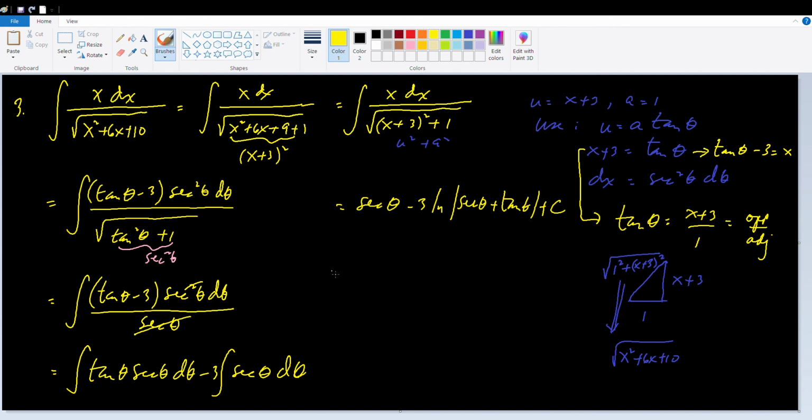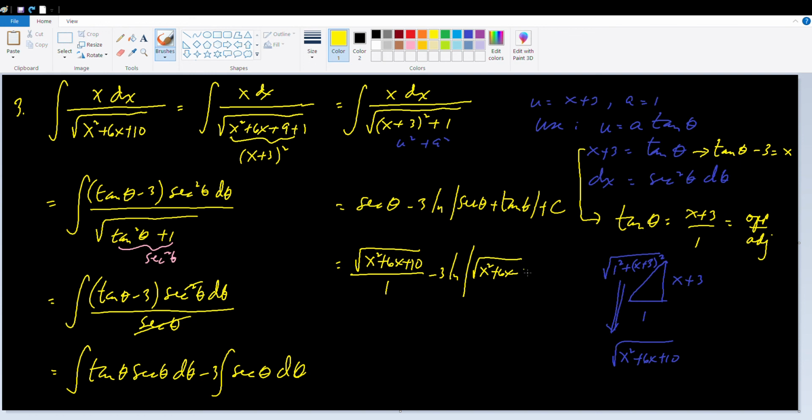Alright, so secant is hypotenuse, square root of x squared plus 6x plus 10 all over adjacent, which is 1, minus 3 ln of the absolute value of secant theta, square root of x squared plus 6x plus 10.